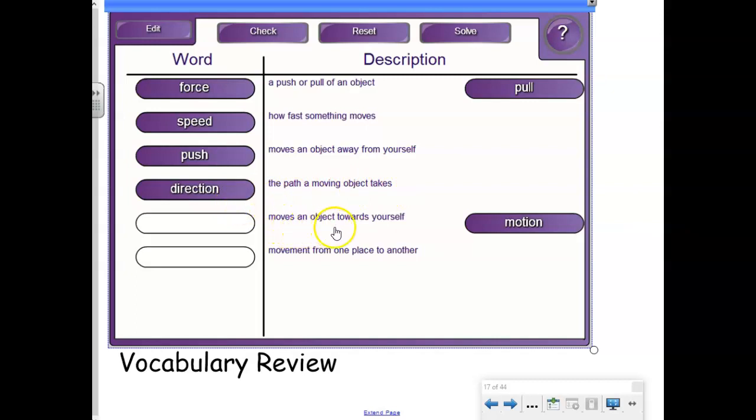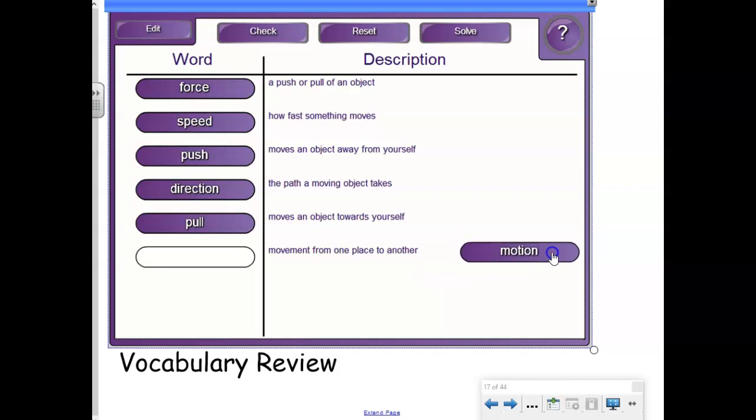This moves an object towards yourself. That is a pull. Motion is the movement from one place to another. If you apply force, it is going to be in motion.